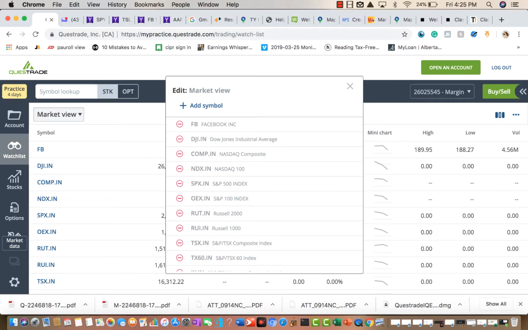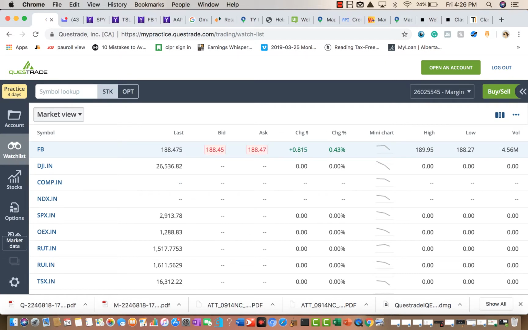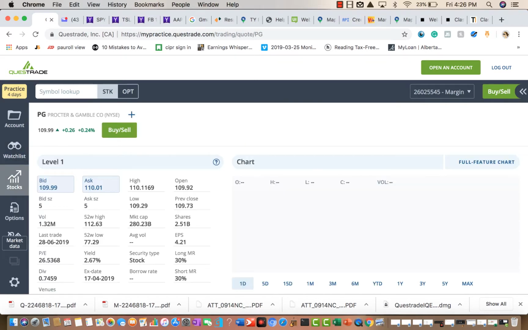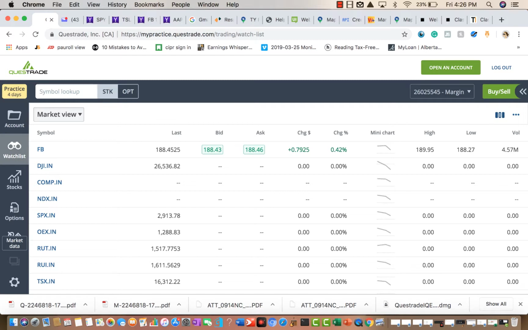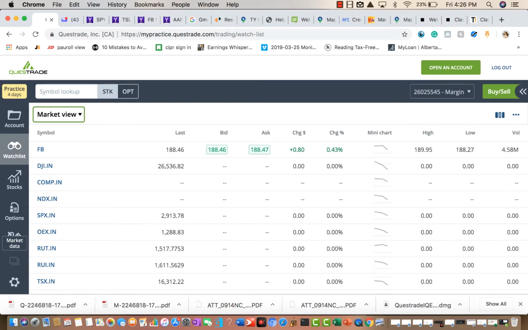You can add any stocks that you want here under your watch list, so you can follow or keep track of them. It's super easy. I don't really use this one, guys. I make my own watch list on my phone, so I'm not very familiar with how to use this one, but I'm just gonna try my best and see what I can show you guys.